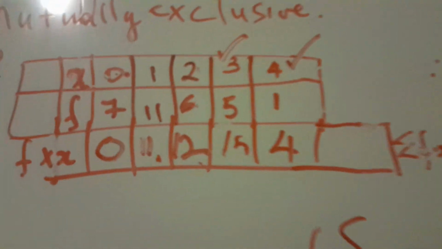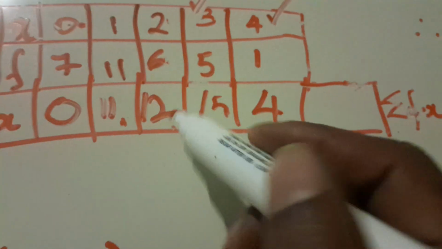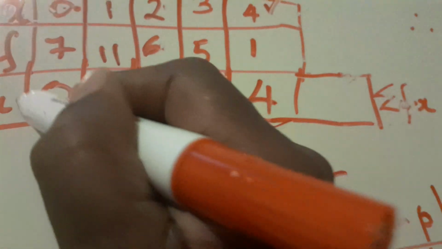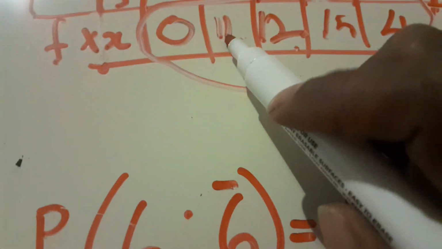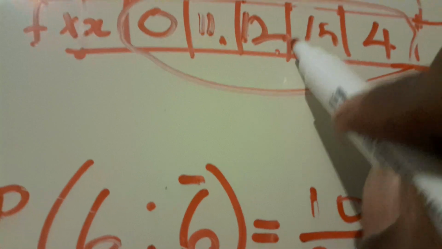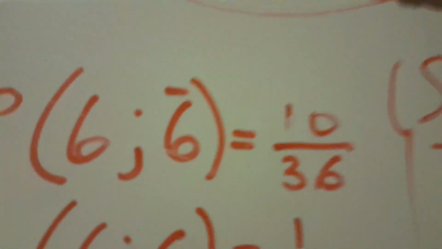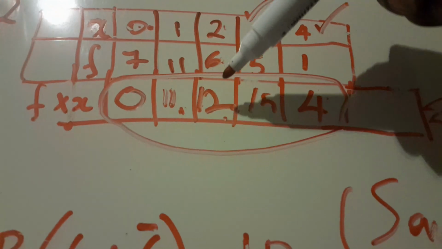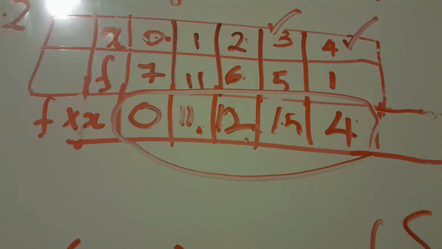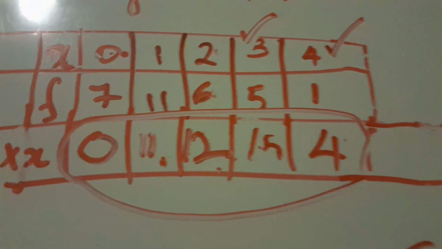So the total sample space, the total number of passengers, we are going to get it from here. If we add these totals, 11 plus 12 plus 15 plus 4. And what is that?